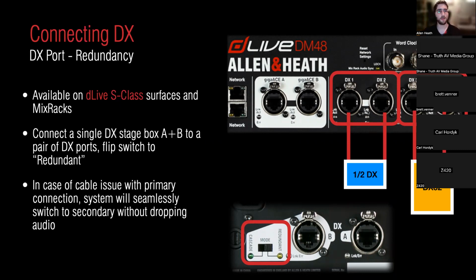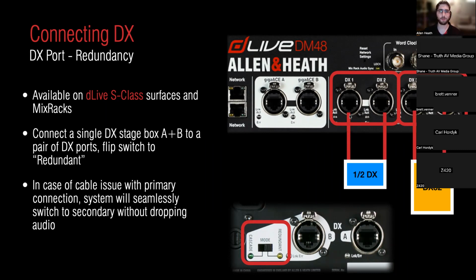So this is really useful, but keep in mind that when you're doing redundancy like this, the B port and the A port are both connecting back to the console, which means that you can't daisy chain. So even though we can put a DX168 here and we have the capacity for 32 channels, because both of those connections are being used for redundancy, we can't daisy chain a second one.